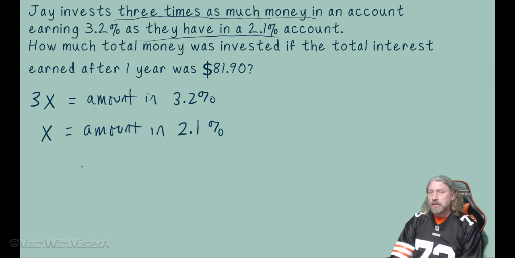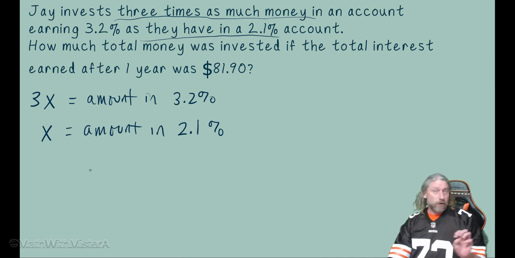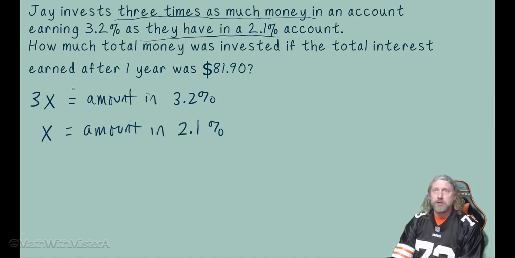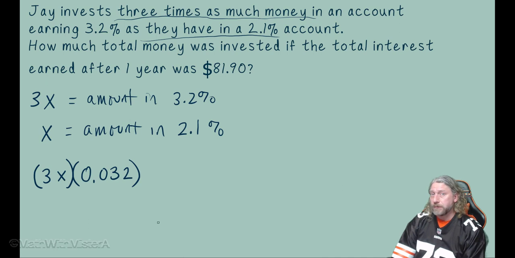Now let's try to build the equation using those calculations we've been doing to calculate the amount of interest, the principal times the interest rate as a decimal. So in our first account, the principal in there is 3x. The interest rate is 3.2%. So as a decimal, 0.032. There's the amount of interest from the first account.